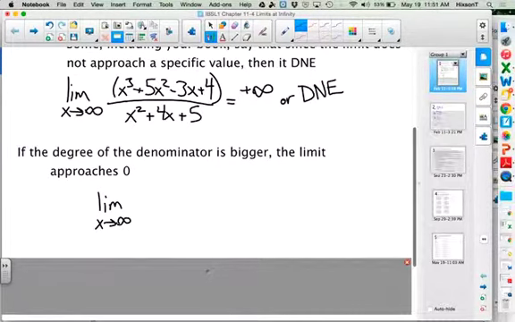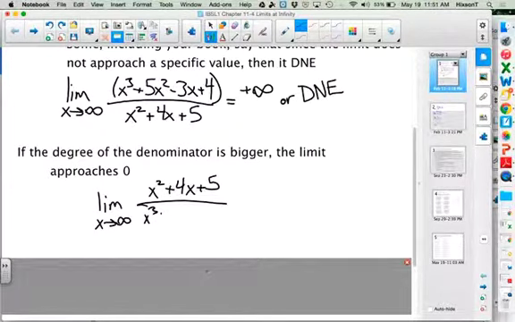We're approaching infinity. Let's just flip what we had up here: x squared plus 4x plus 5 over x cubed plus 5x squared minus 3x plus 4. You'll notice here that even though we're squaring infinity, the denominator is getting huge.